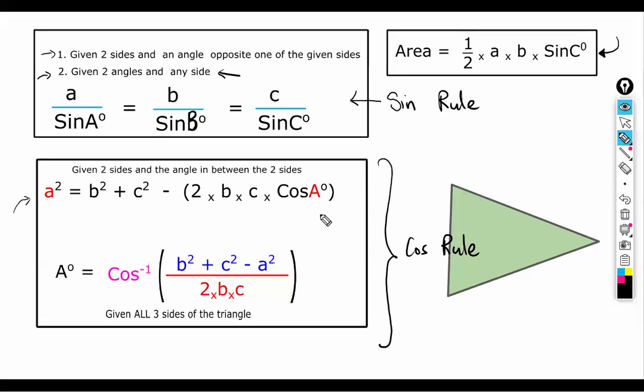For this rule, for you to even think about using that rule, the angle must be in between the two sides. And the second one, you can only use it if they give you the length of all three sides of the triangle. And this rule is used to find a missing angle.